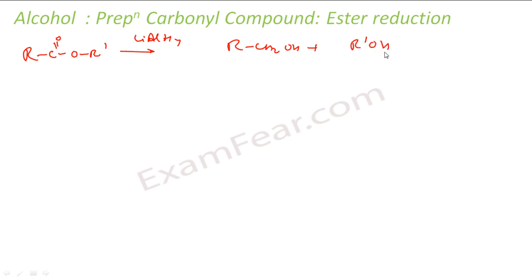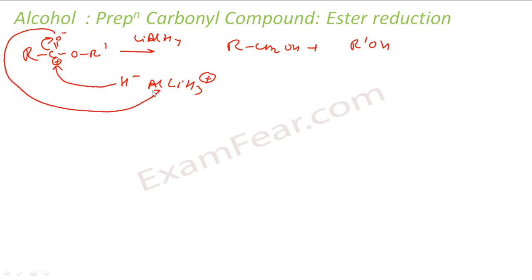Same thing, nucleophilic addition reaction. If you want, we can see the reaction mechanism here. So we'll use H minus and AlLiH3 plus. So this will go in this direction. This will be negative charge. This will be positive charge. This H minus will go here, and this O minus will attack this guy.